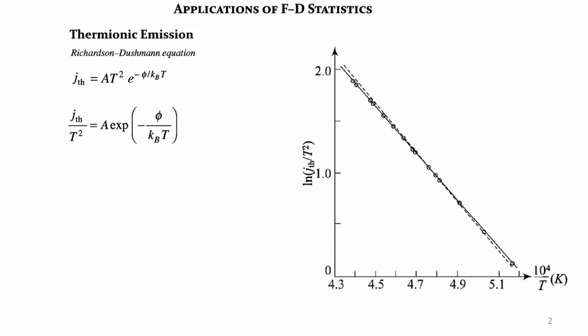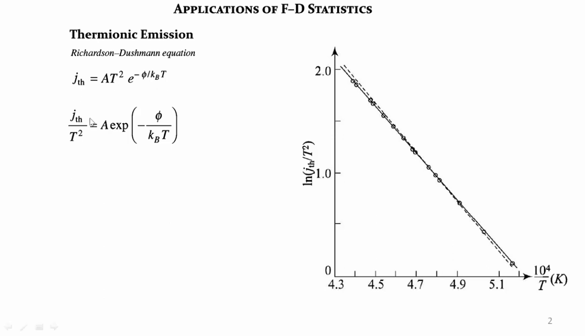Now we can rewrite this equation in this specific form. Basically, what we have done is taken T squared to this side. So what one can do is measure the current J for different temperatures.